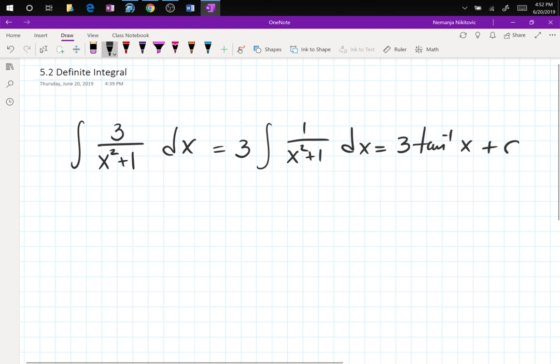And then you have to put plus c at the end. So this was one of the basic integrals, and we had this little twist with number 3, which is a constant, and we know that for limits and differentiation and integrals now, constants get copied, and then you do the rest of the problem on whatever function you have. So this is what we have for what we call the indefinite integral.